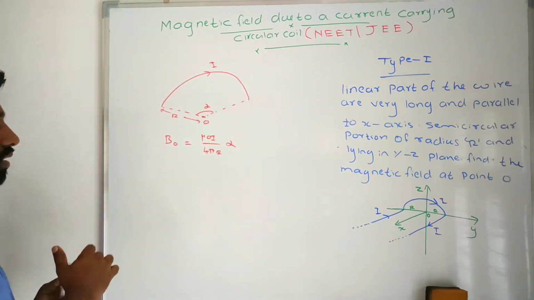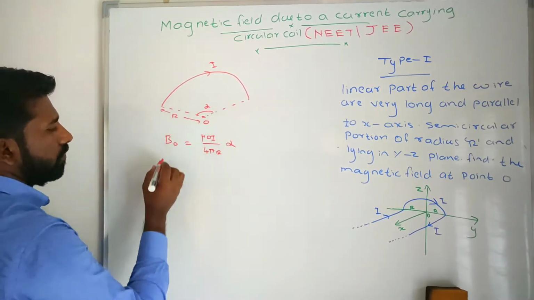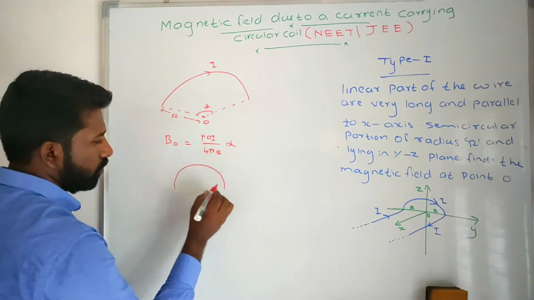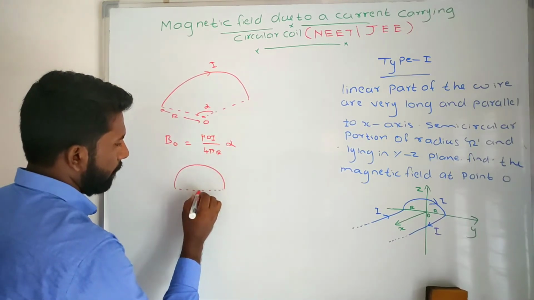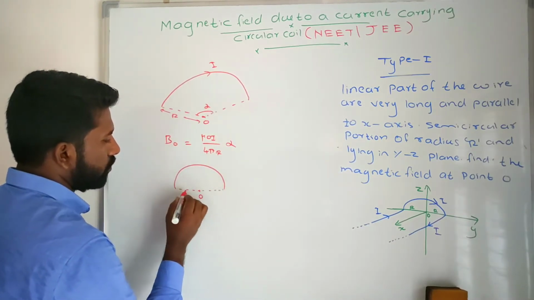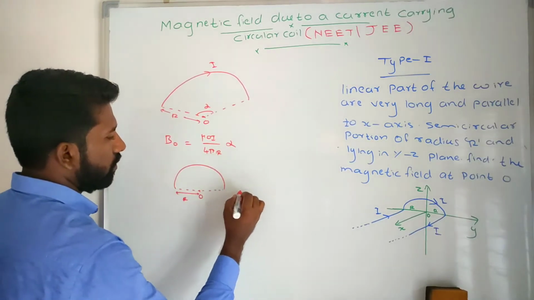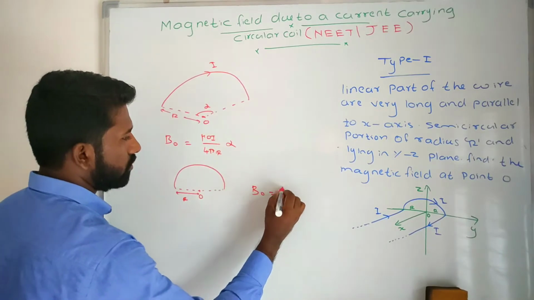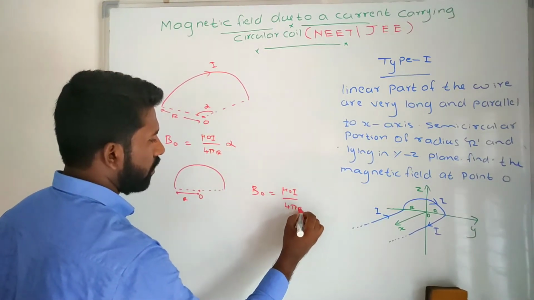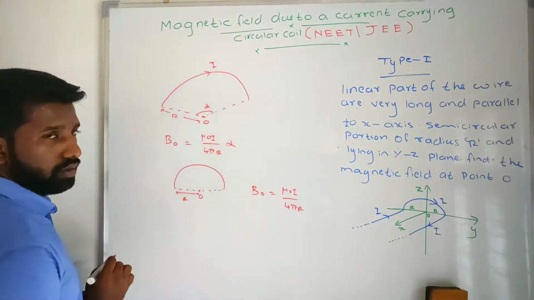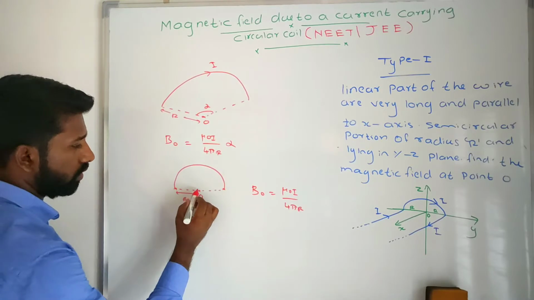Clear? Then if it is a semicircular loop, what about the magnetic field? This is the center, and this radius is r. Then the magnetic field at the center is mu 0 I by 4 pi r into alpha, where alpha is the angle made by the ends of the loop at the center.